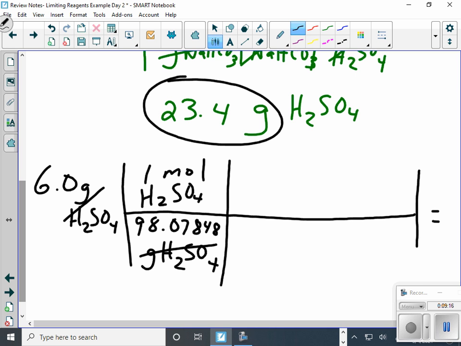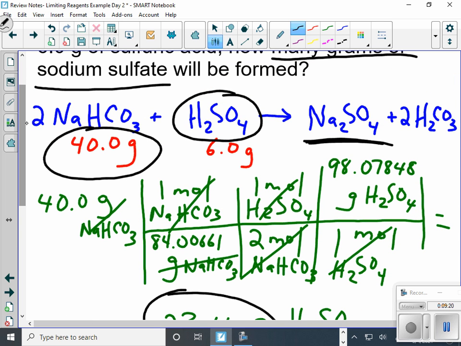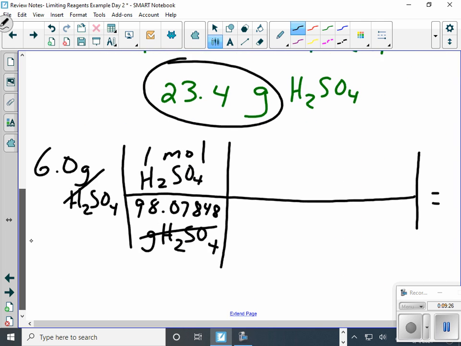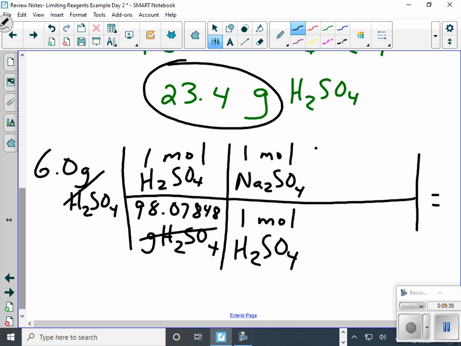I need to go back up to look at my molar ratio. 1 mole to 1 mole, correct? So my molar ratio is going to be 1 mole of H2SO4 is going to produce 1 mole of Na2SO4.